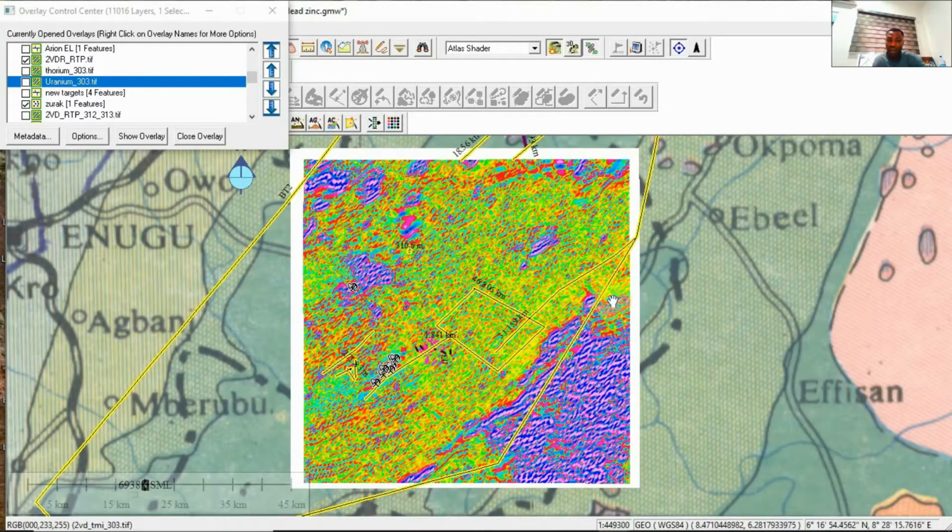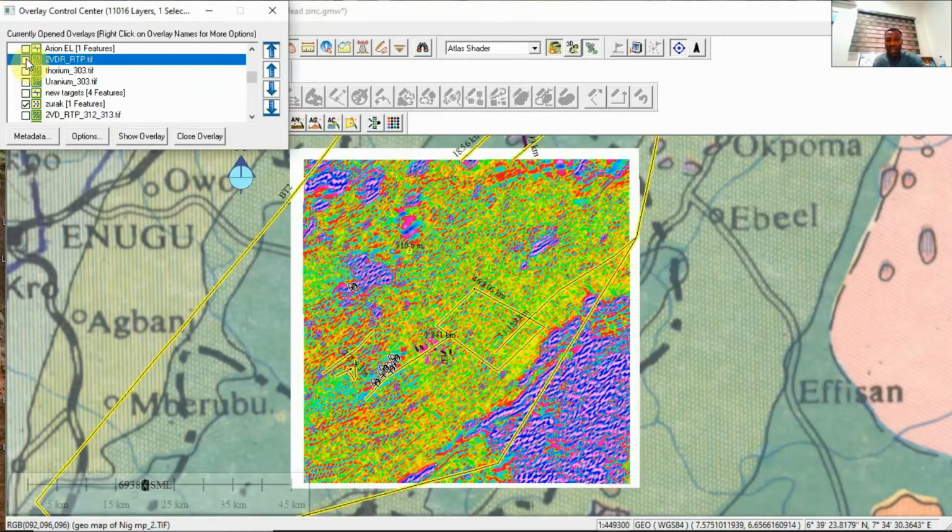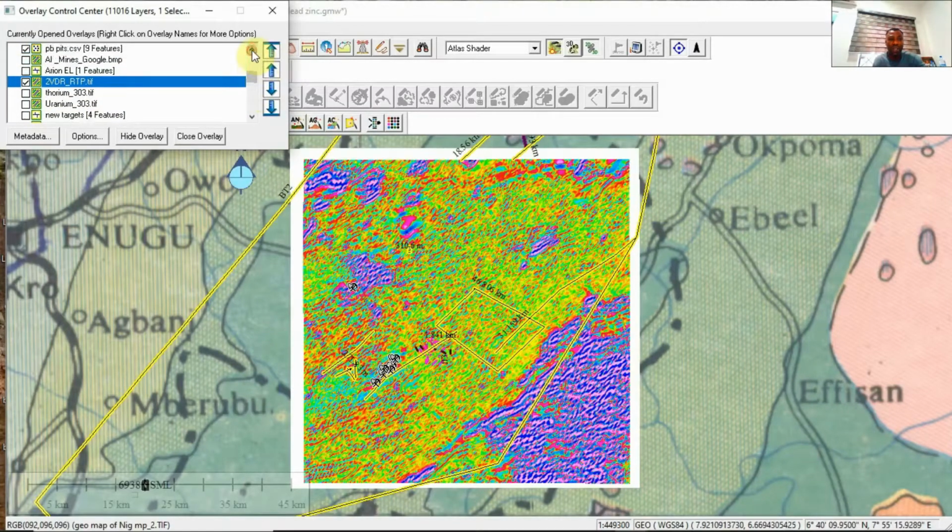If you look here, you can observe this as a different rock unit, with very clear boundaries, which also clearly match the regional geology.